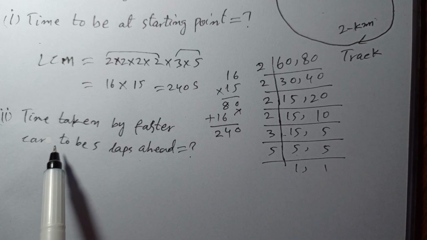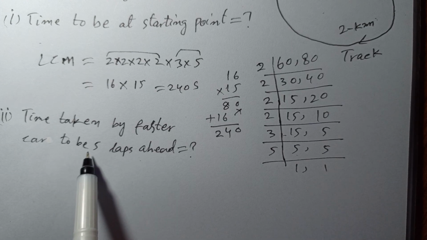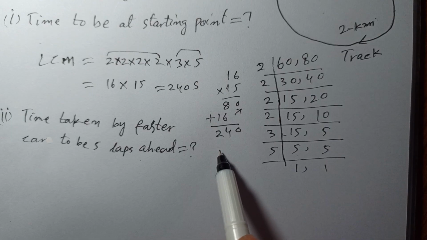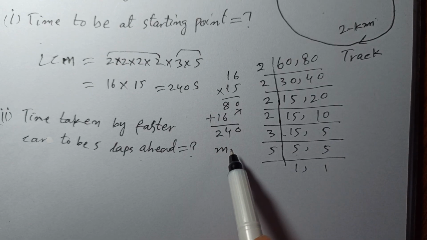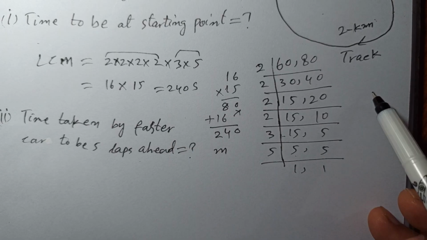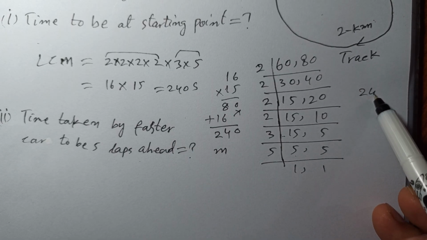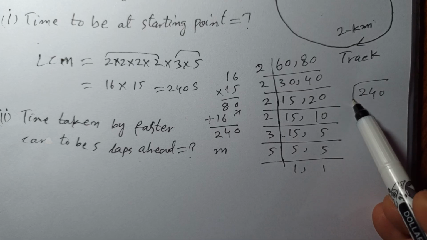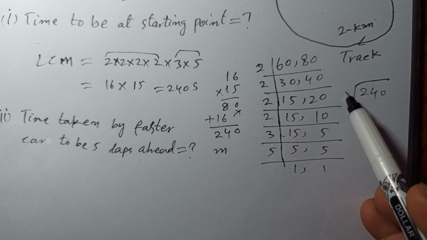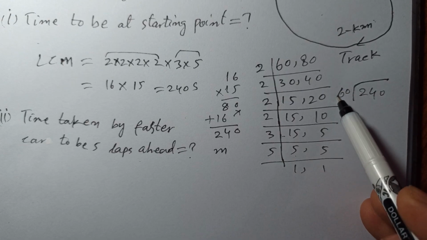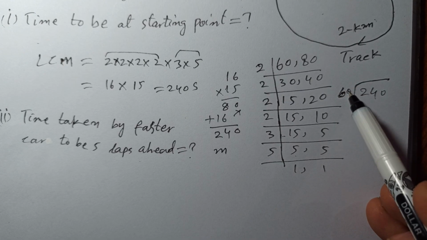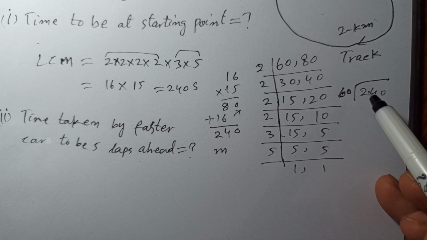Dear student, now we have to find the time taken by the faster car to be 5 laps ahead, and this time should be in minutes. So we will convert our LCM into minutes. To convert seconds into minutes, we have to divide by 60. As we know that 1 minute is equal to 60 seconds, so we will divide it by 60.